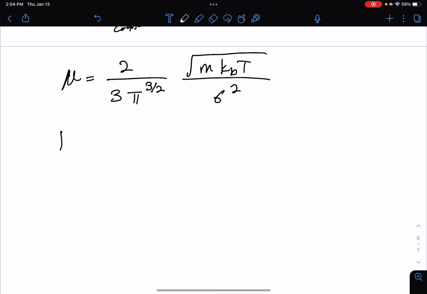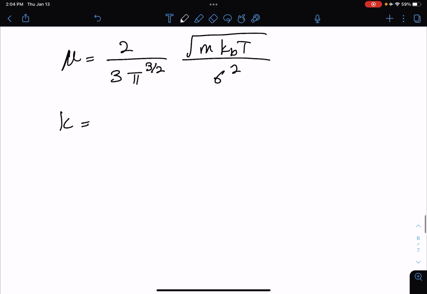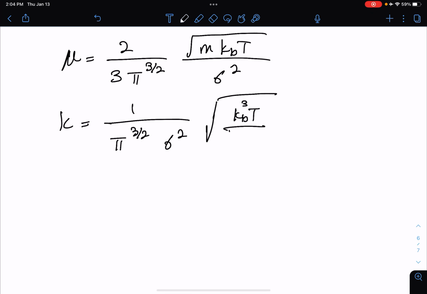We also can have the same thing for conductivity in a system. Boltzmann constant cubed divided by M. And also diffusivity of a system.